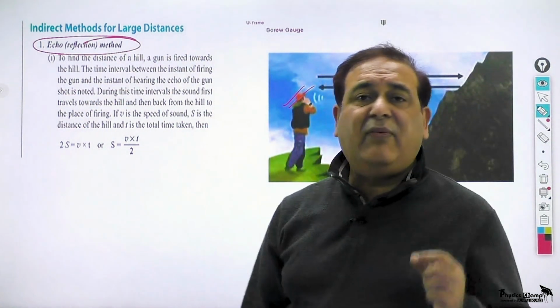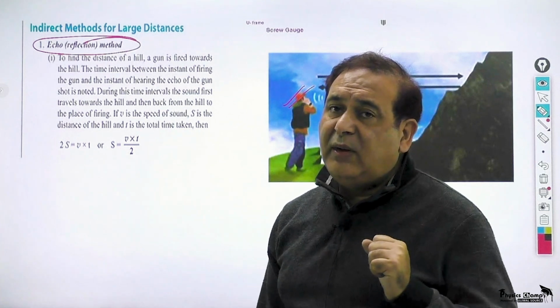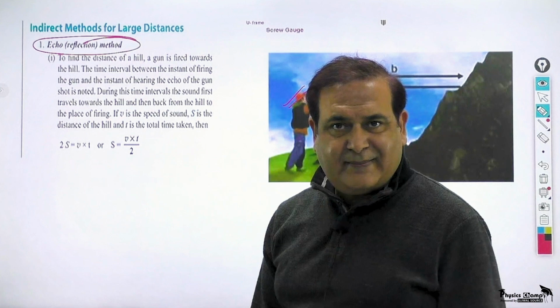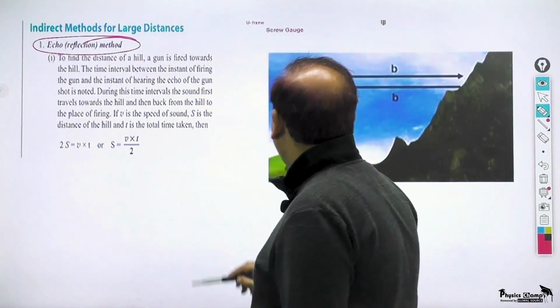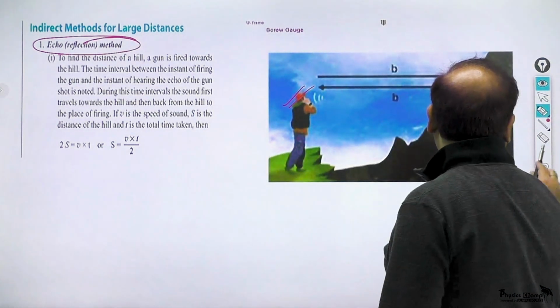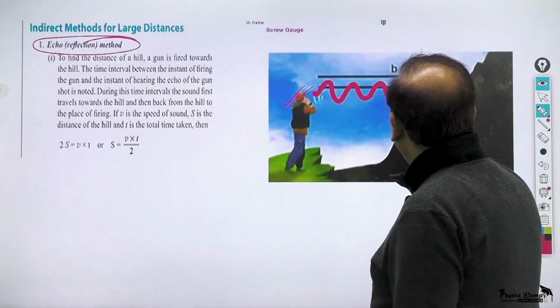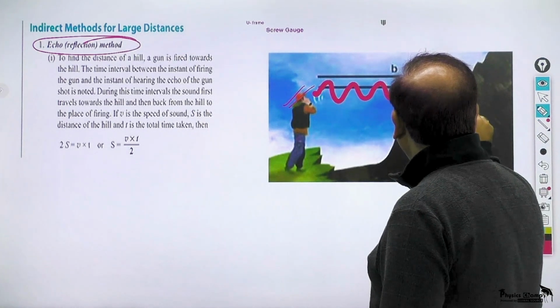Now what is that reflection method? We know sound has a speed of 332 meter per second. So what you can do is, you can produce sound waves here. These sound waves will reach the mountain and will reflect.